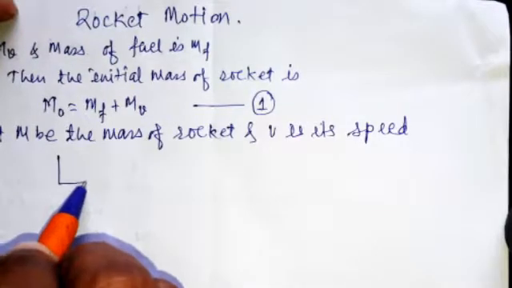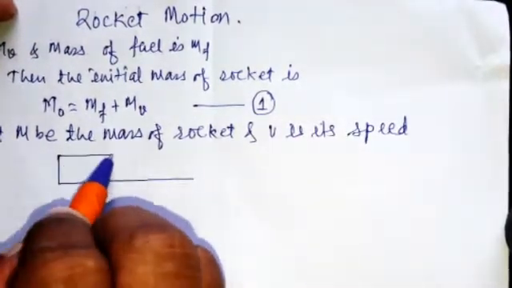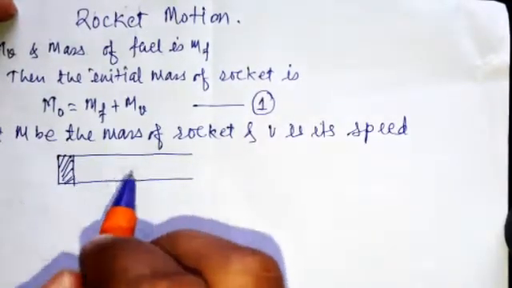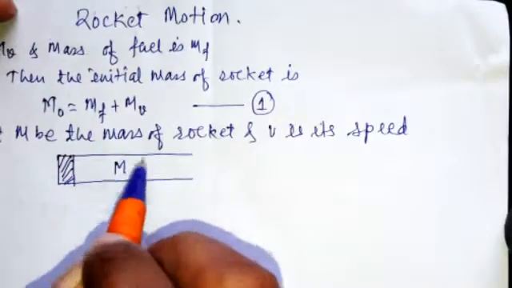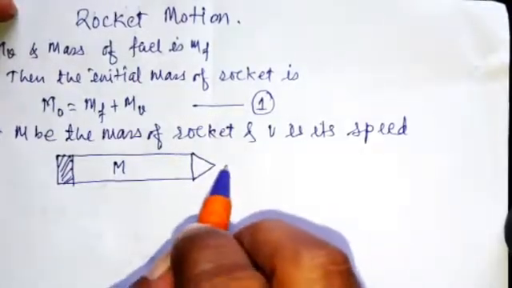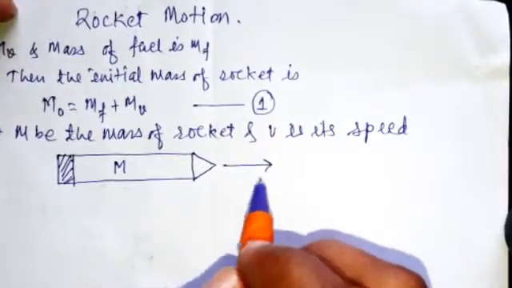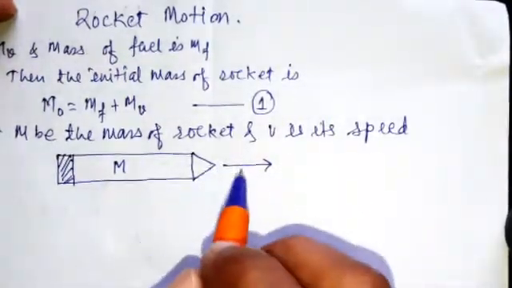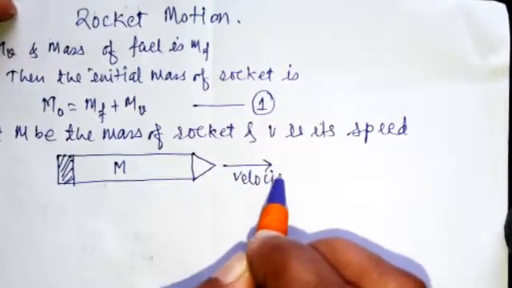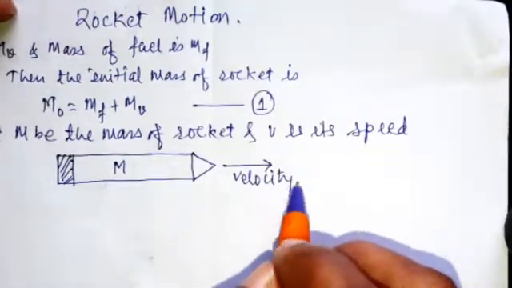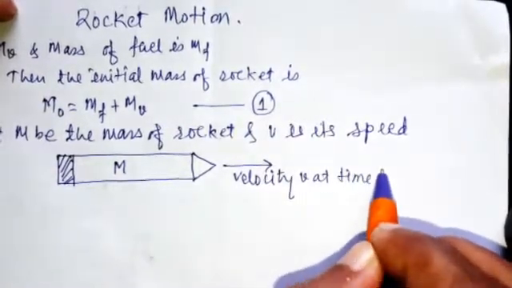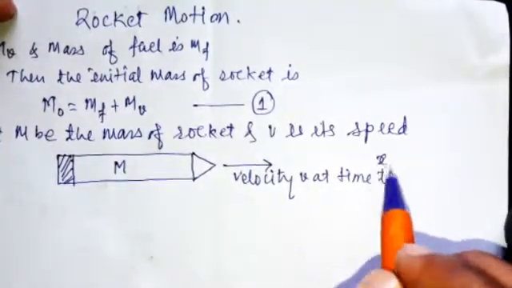Here we will draw the diagram. This is the fuel part, m is the mass of the rocket and the direction in which the rocket moves, whose velocity v at a time t is in the x direction.